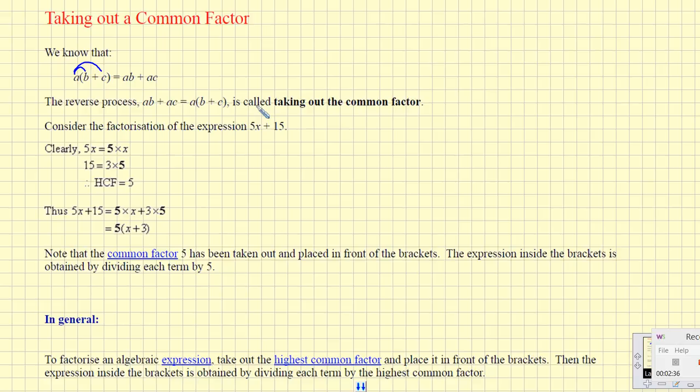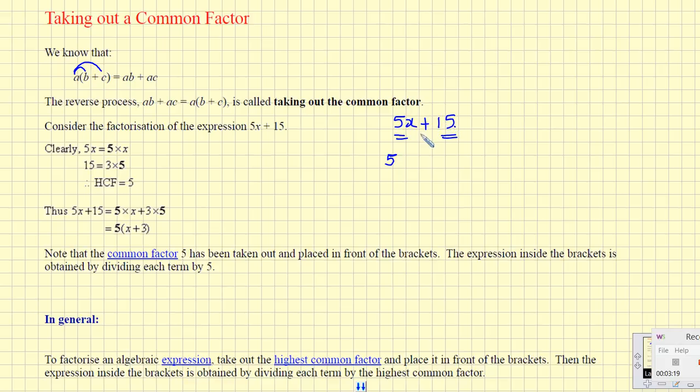Now, let's take an example such as 5x plus 15. 5 and 15 have a number in common that could be removed, and that number happens to be 5. So 5 goes into 5x, but 5 also goes into 15.